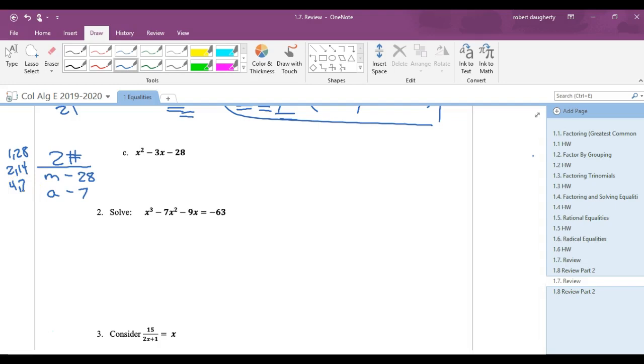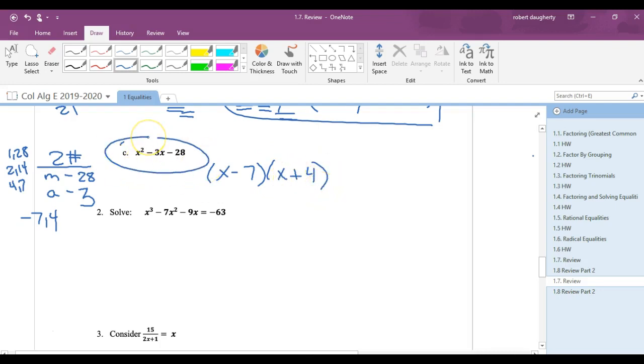They have to add to be -3. So if they add to be -3, this has to be a -7 and a +4. Those multiply to -28 and add to -3. So this is x minus 7, x plus 4. Now this is not solved. There's no equal sign, so I'm done. I'm just being asked to factor here.